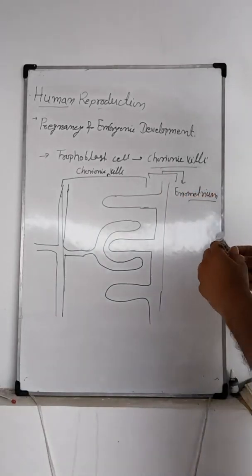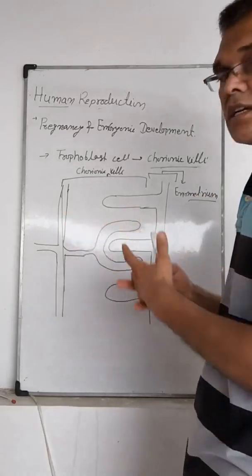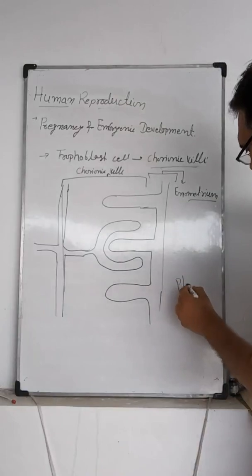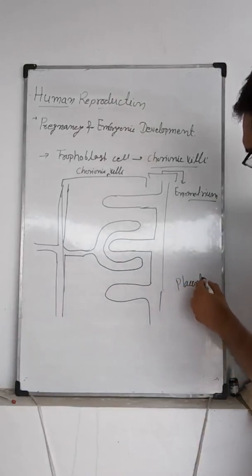Due to this, a joint structure is formed, and that joint structure is known as the placenta.